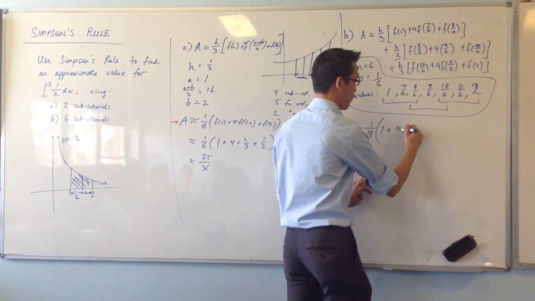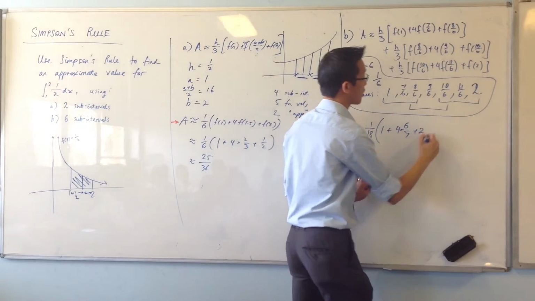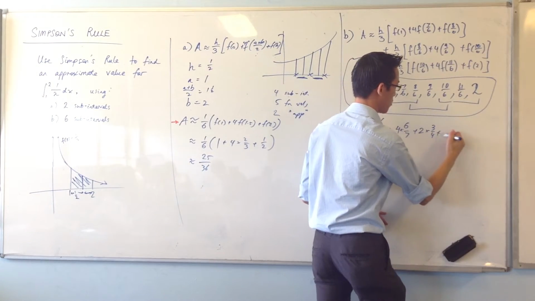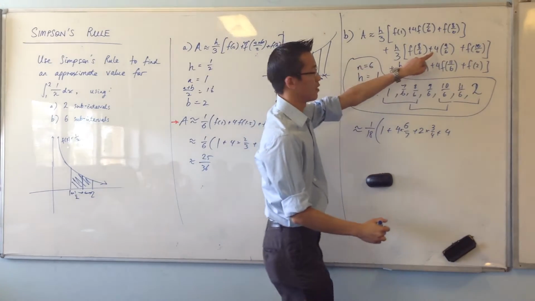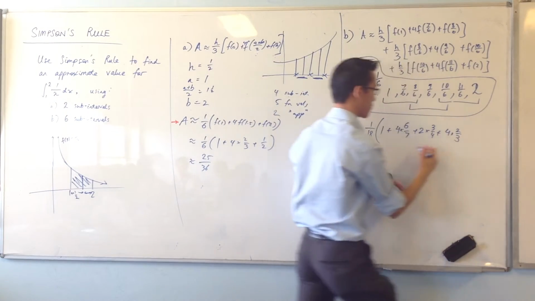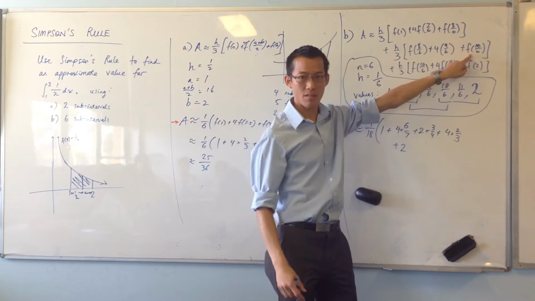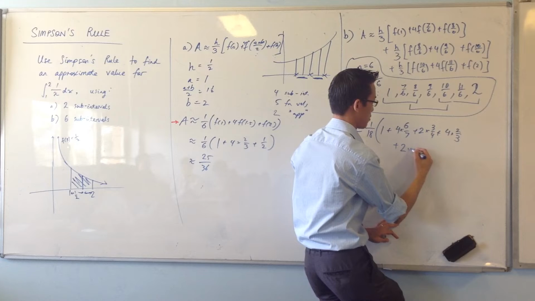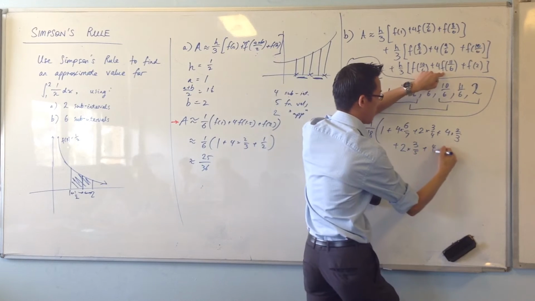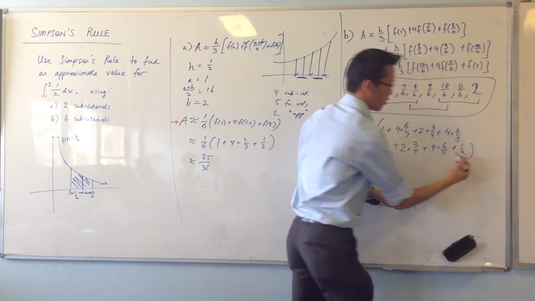So that's nice and easy. 4 lots of 6 on 7. 2 lots of 6 on 8, which is 3/4. 4 lots of 6 on 9, which is 2/3. 2 lots of, where am I up to? Here. 6 on 10, which is 3/5. Where am I up to? Here. 4 lots of 6 on 11, and then I finish.